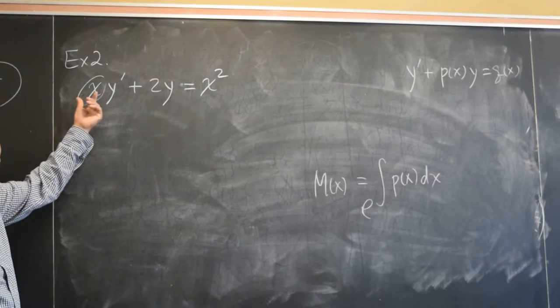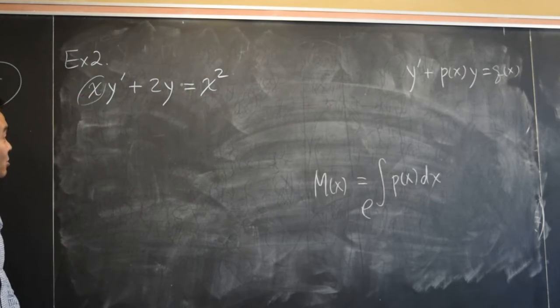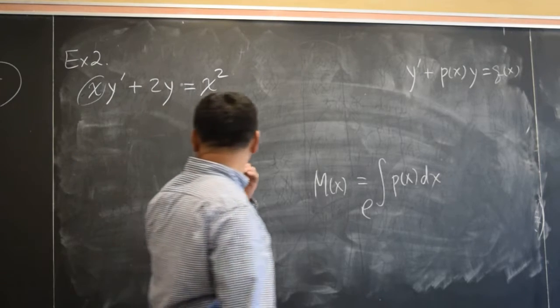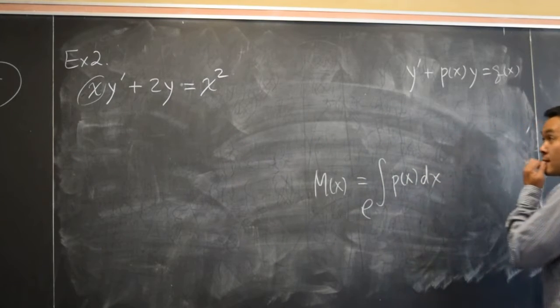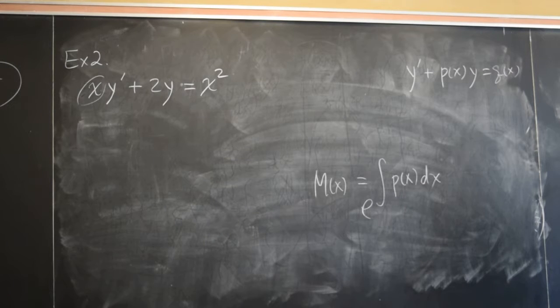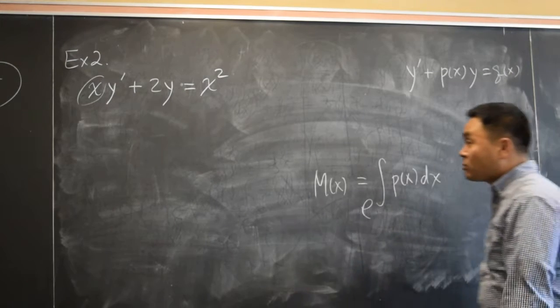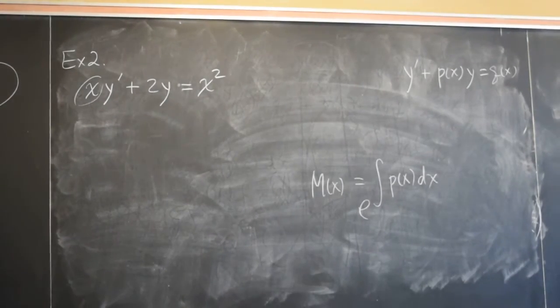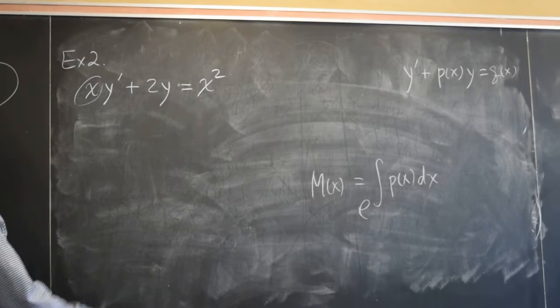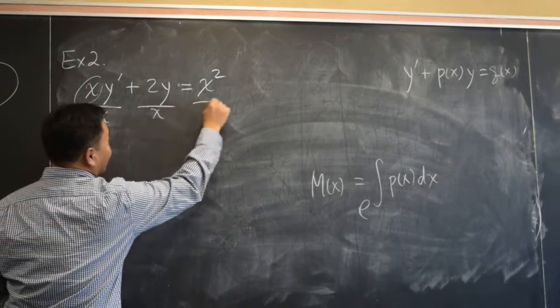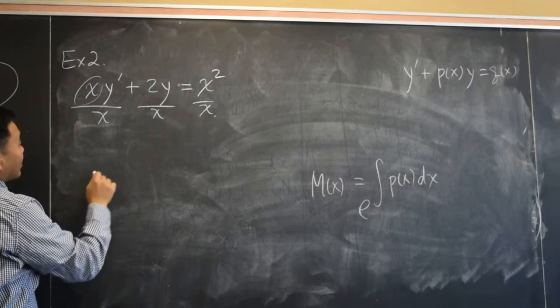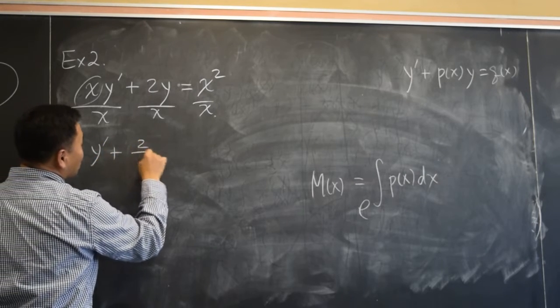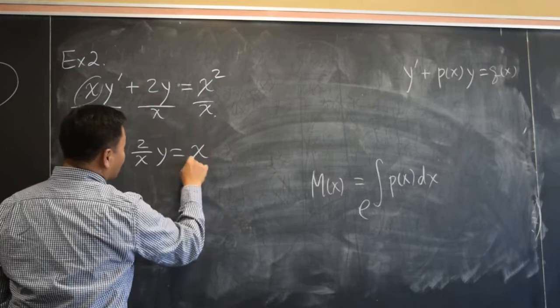Because there's this x in front, you're not allowed to use this formula. So what should we do? Divide by x. Divide the x all around. Okay. And now you have y prime plus 2 over x y equal to x.